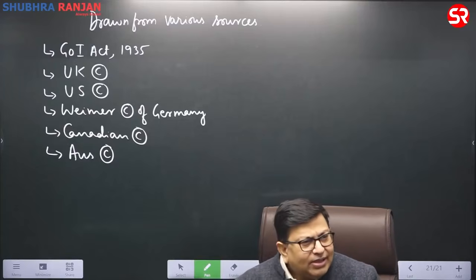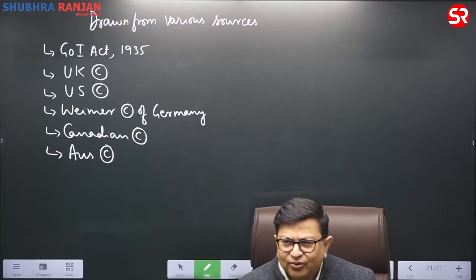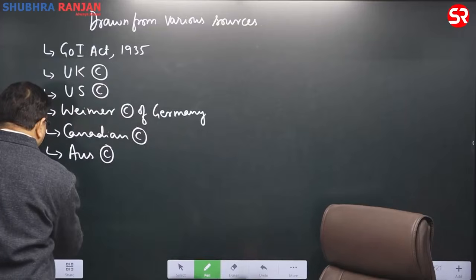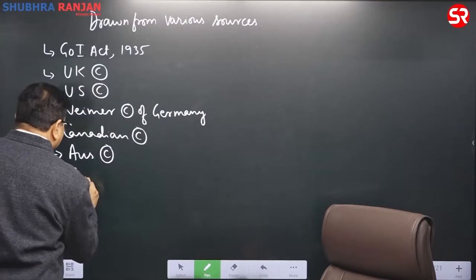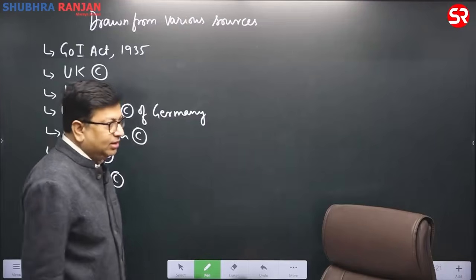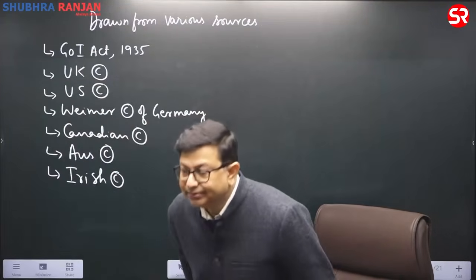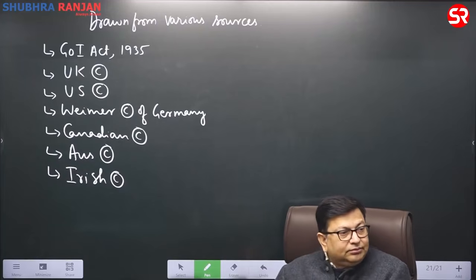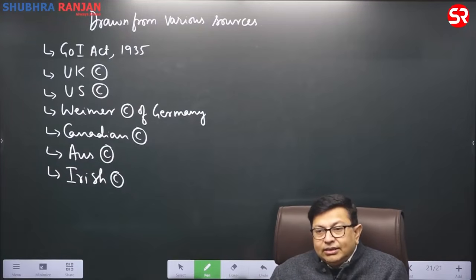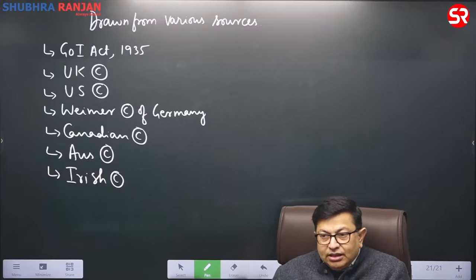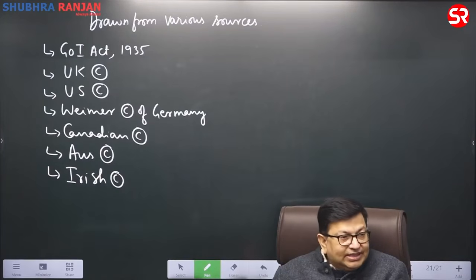So apart from it, there are many other constitutions from which we have taken. One of the most popular, I may be missing, was the Irish Constitution, that you people may be knowing. Directive Principles of State Policy, and then the process of the election of the president.